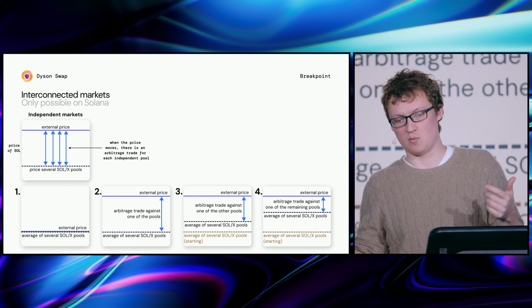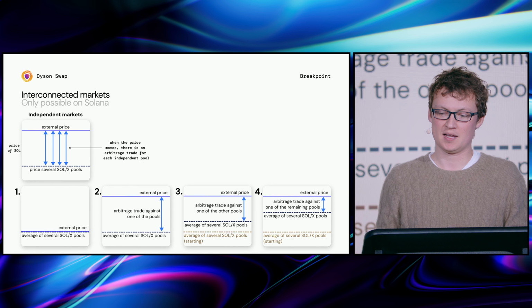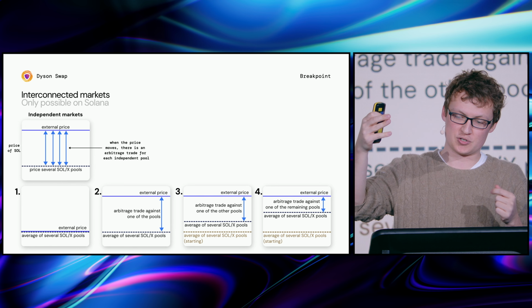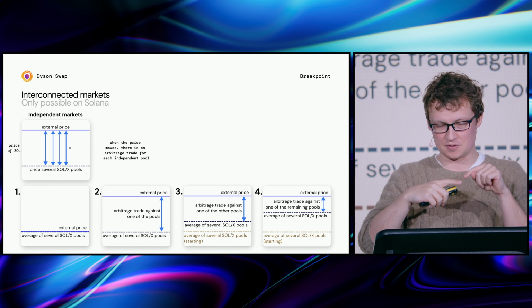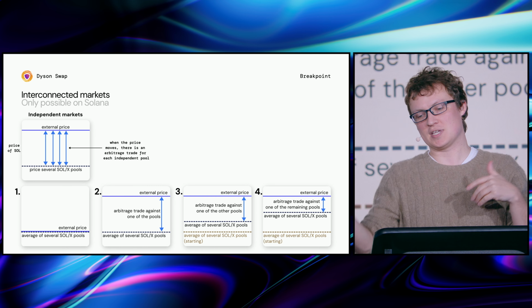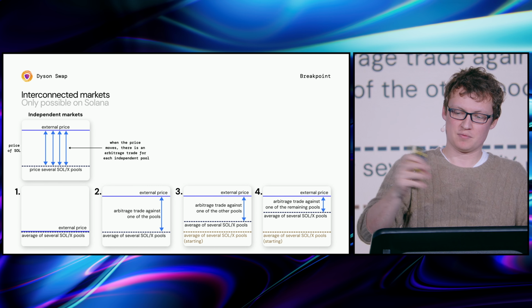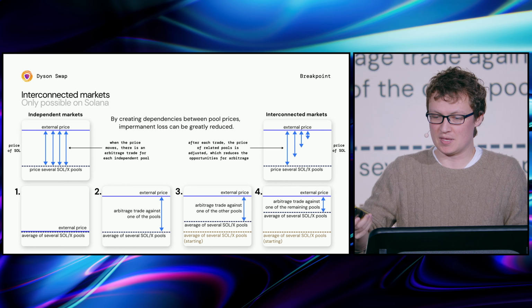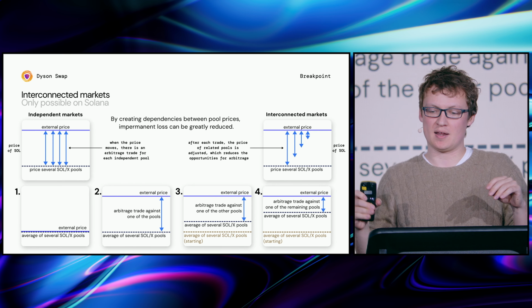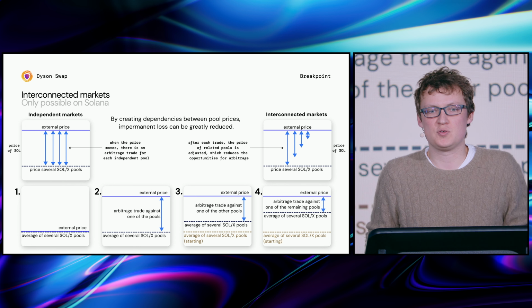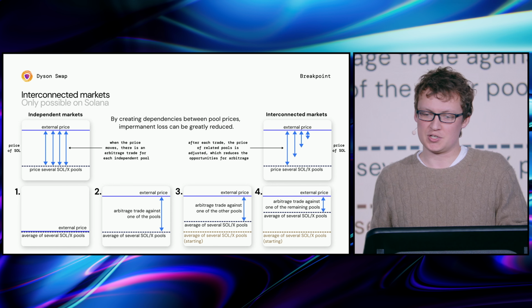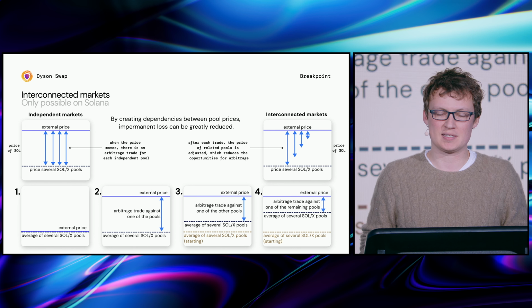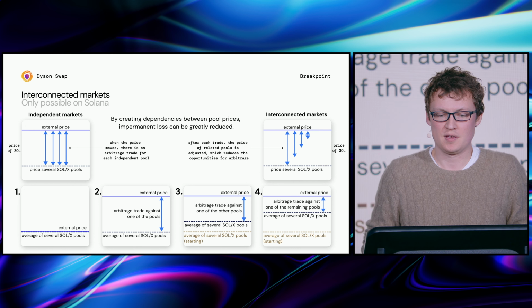Now, if the pools are aware of this average price, they can not offer a better deal than that. And so the next arbitrage trade that happens will actually be reduced. So reducing opportunities for arbitrage, reducing impermanent loss. It really depends a little bit on how you implement this. But using on-chain information to reduce arbitrage opportunities and impermanent loss is definitely something that should be further explored.